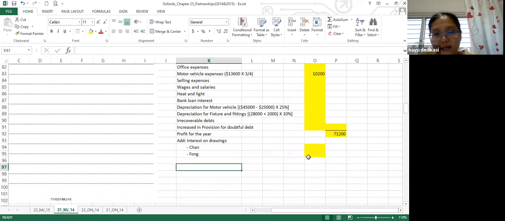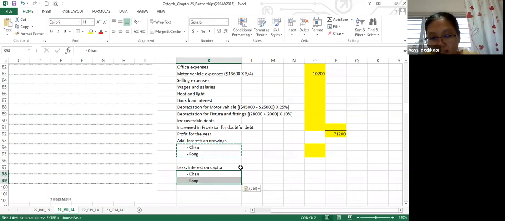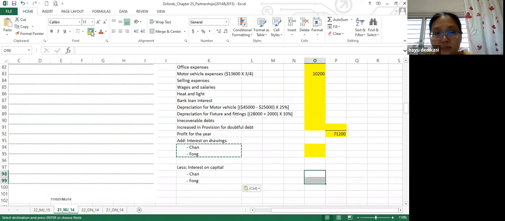Next, after that you less interest on capital. Same thing, because we have done the calculation, you just show the calculation beside here and then put the total amount into here. Okay.